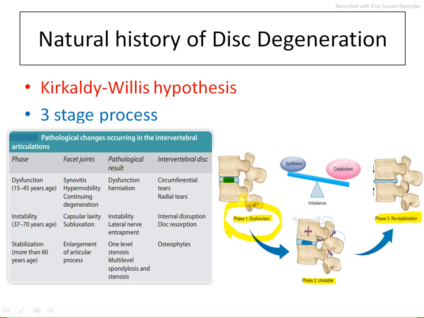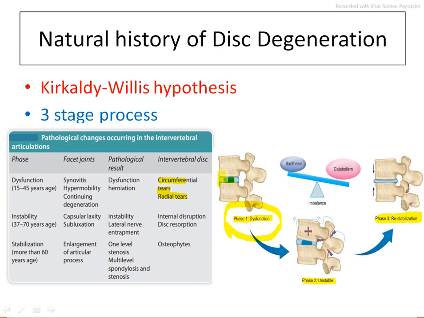Because of this dysfunction, different pathological findings can take place, like circumferential tears and radial tears in the annulus fibrosus. This annulus fibrosus, because of mechanical load, tears up.